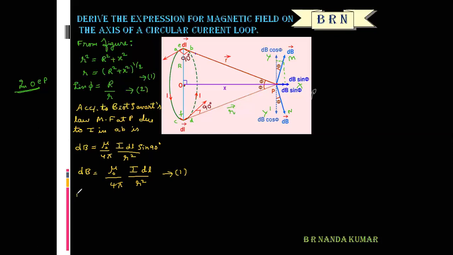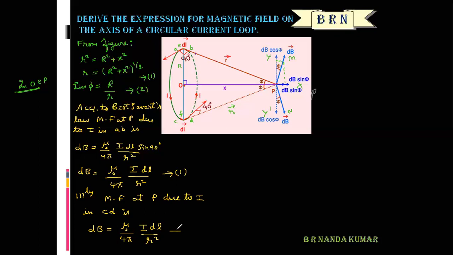Similarly, the magnetic field at the point P due to the current in the element CD is also the same, that is dB is equal to mu naught divided by 4 pi, I dL sine 90 divided by r square, and sine 90 is 1.